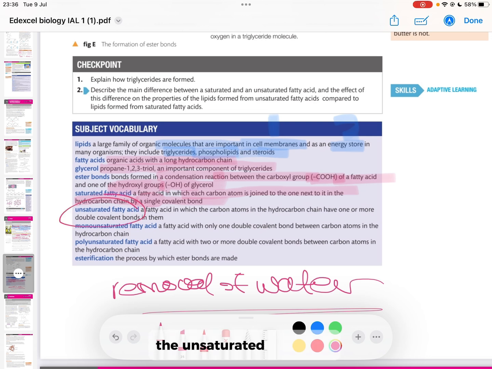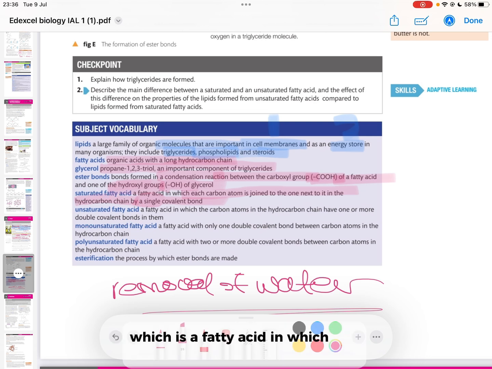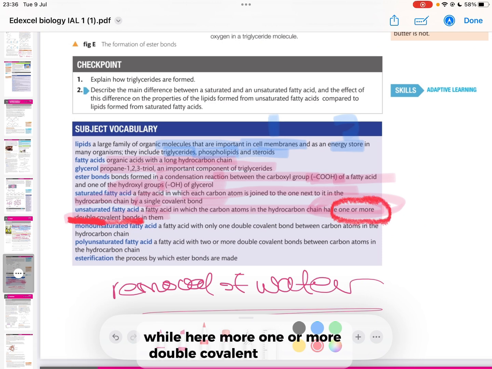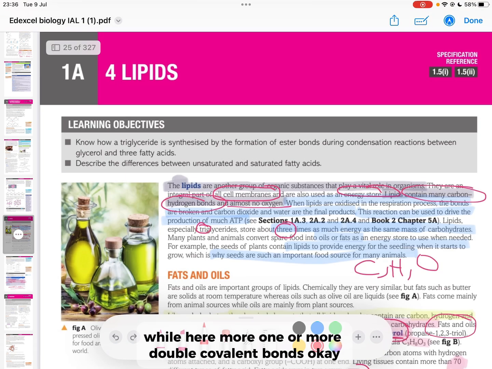An unsaturated fatty acid is a fatty acid in which the carbon atoms in the hydrocarbon chain have one or more double covalent bonds in them. So basically the difference is that here it is joined to the one next to it by a single covalent bond, while here there are one or more double covalent bonds.